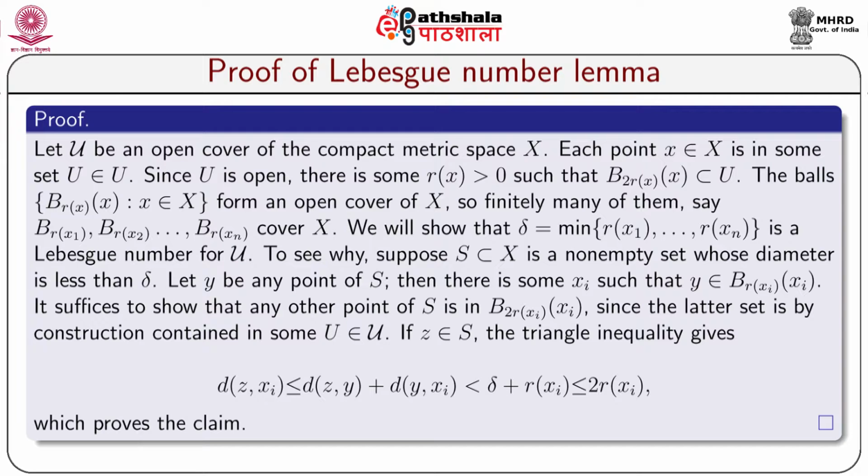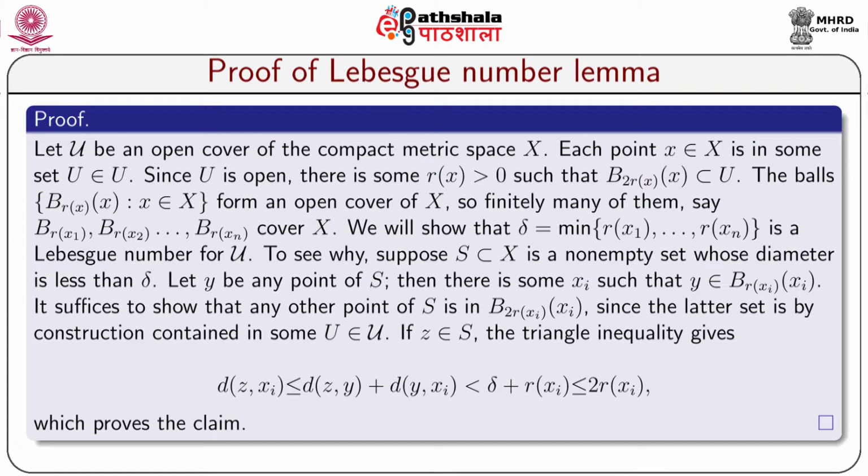Then this is an open cover of X, and as X is compact, it has a finite subcover, say B r x1, B r x2 up to B r xn. Now, let us take delta as the minimum of the real numbers r x1, r x2, up to r xn.